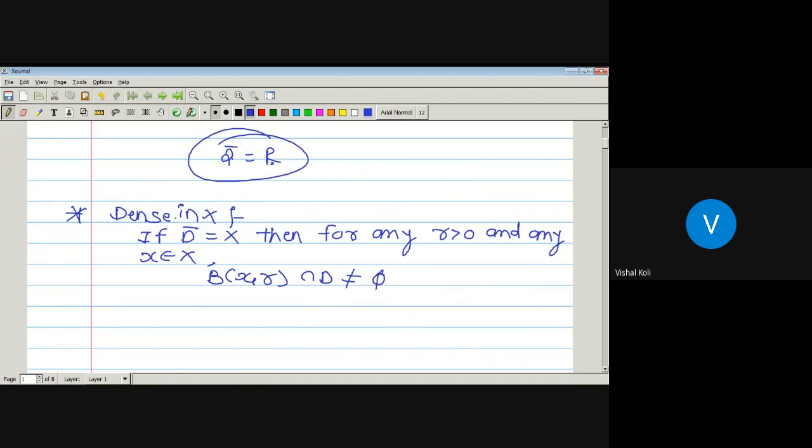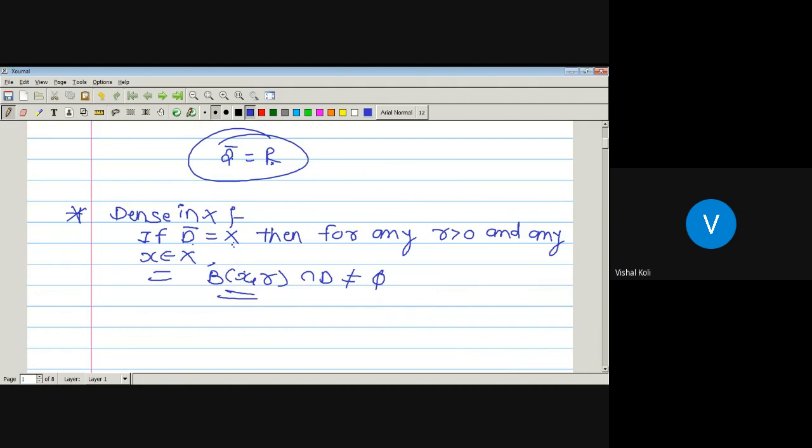It means every point of X is either a point of D or a limit point of D. That is, if we take any point X belonging to capital X, then its neighborhood contains at least one point of the given set D other than that element itself. That is the definition of a dense set.